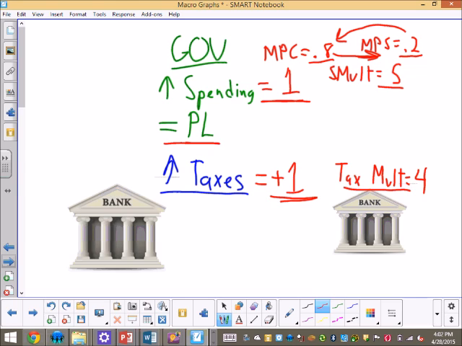Yes. So MPC over MPS. So if you know your formulas, you should have gotten this one much easier by going, it has to be more than 1, right? So that's your little shortcut there. Okay.